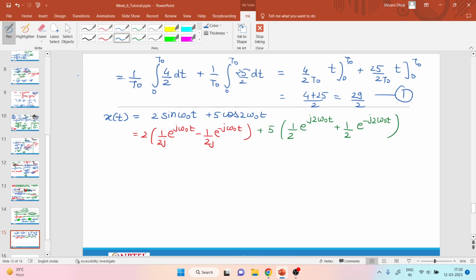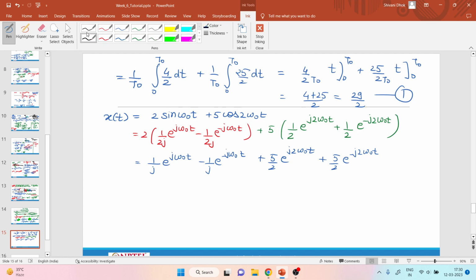Now this I can separate as 1 by j e power j omega naught t minus 1 by j e power minus j omega naught t. This I can write as 5 by 2 e power j 2 omega naught t plus 5 by 2 e power minus j 2 omega naught t.